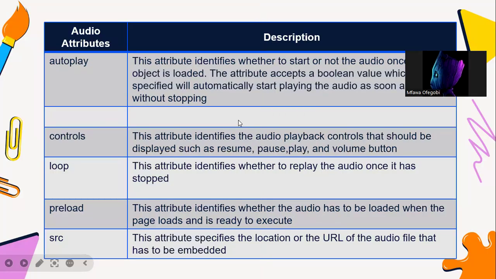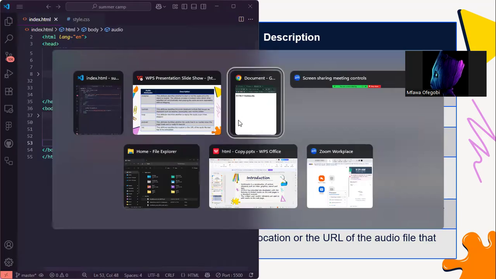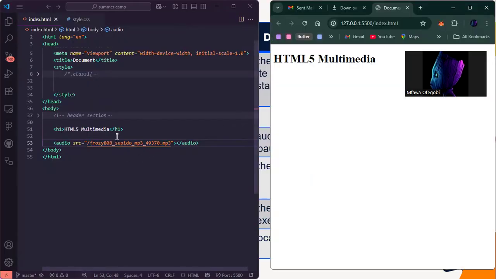All right, so the second attribute is controls. This attribute identifies the audio playback controls that should be displayed, such as resume, pause, play, and volume button. So let's add the controls to our audio elements.